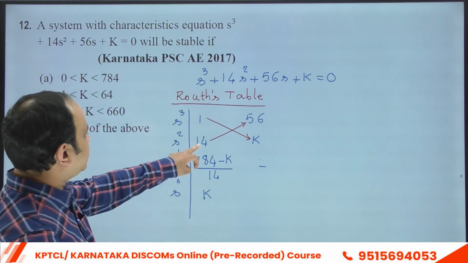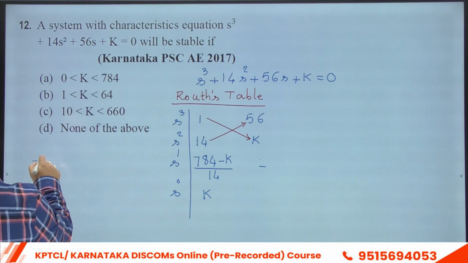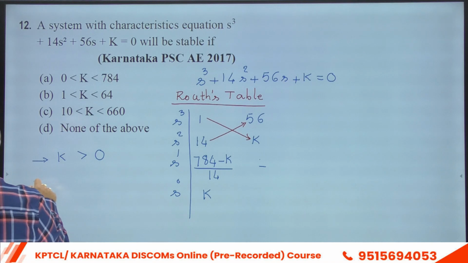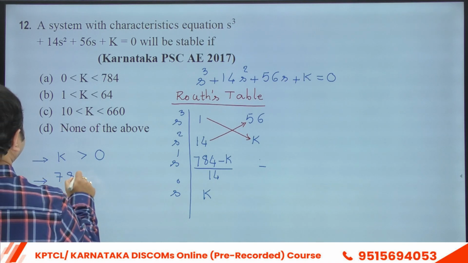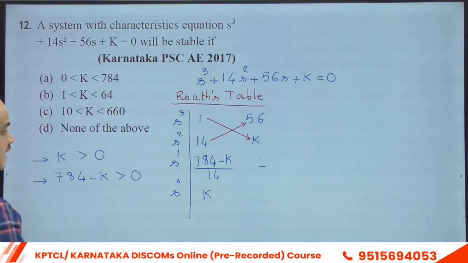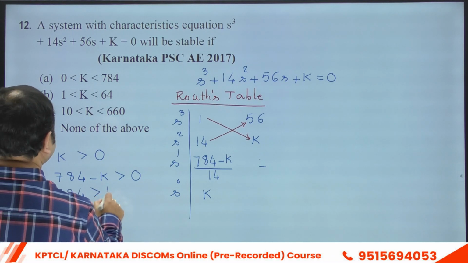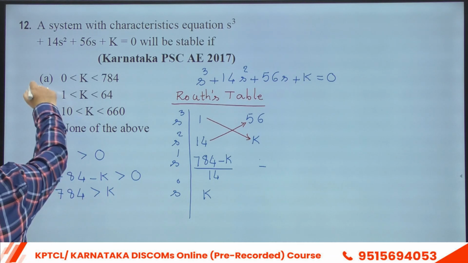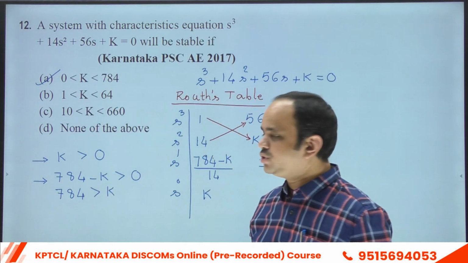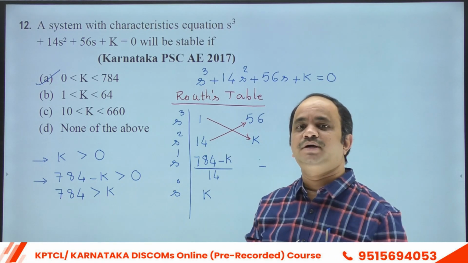As 1 and 14 are positive numbers, these two numbers should also be positive. Therefore, for stability, k should be greater than 0, and the second condition is 784 minus k should be greater than 0. In other words, 784 is greater than k. Therefore, if the numerical value of k is in between 0 and 784, the given system will be under stable condition.